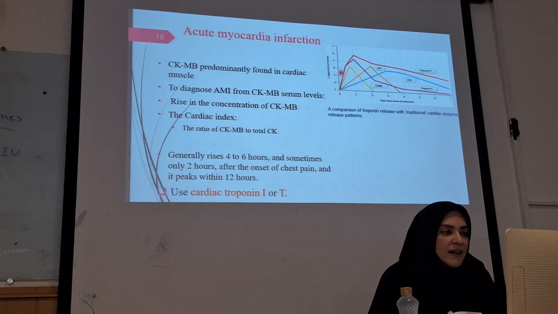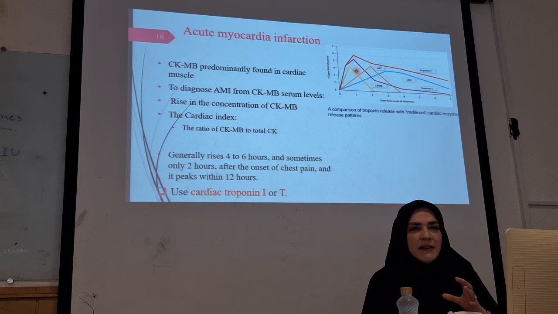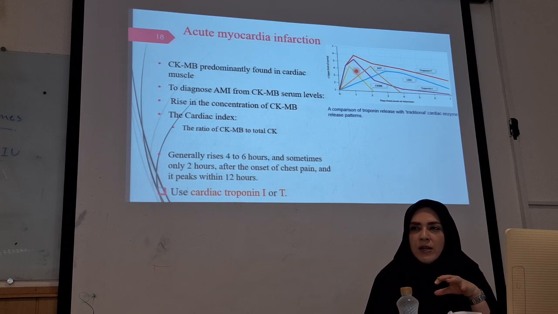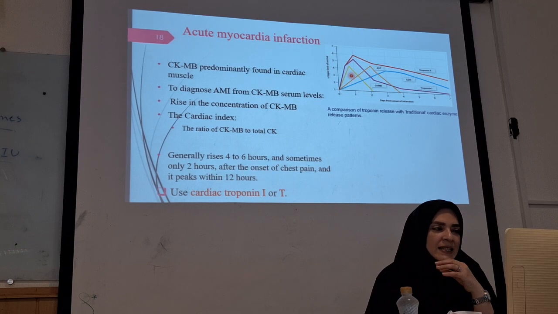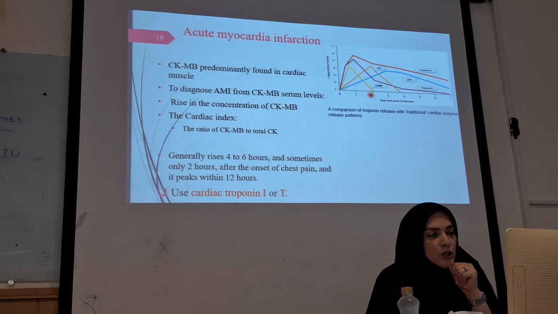Please consider these patterns. These are the alteration patterns over the days after the onset of the infarction. It starts 4 and even 2 hours after the start of the MI and reaches the peak near 24 hours, or less than 24 hours, and then returns to the normal range.